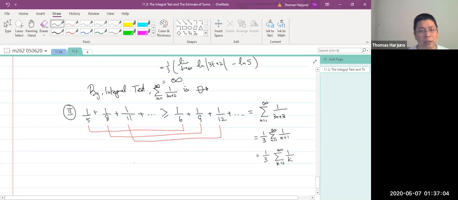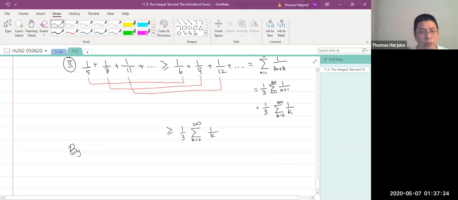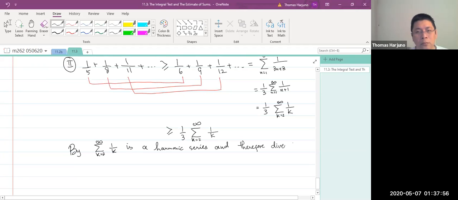My purpose is to say that this series is greater than or equal to 1/3 of the harmonic series, which is divergent. Then any series that is greater than that must be divergent.